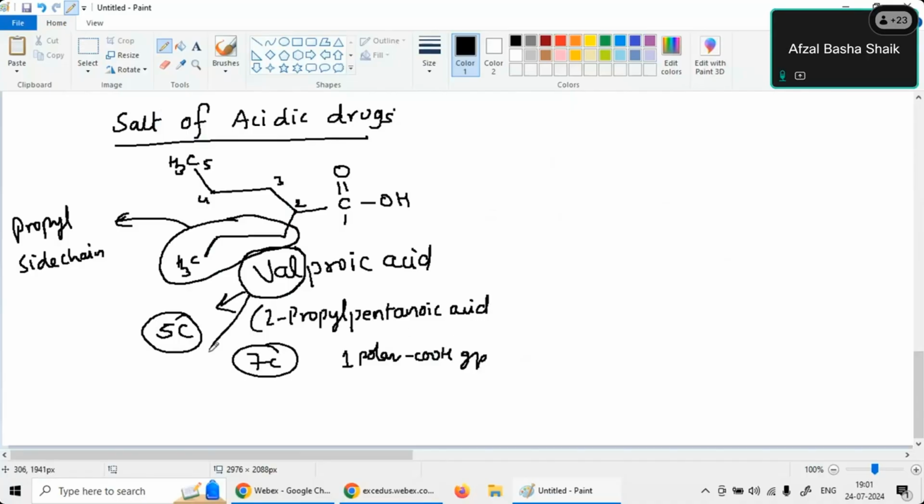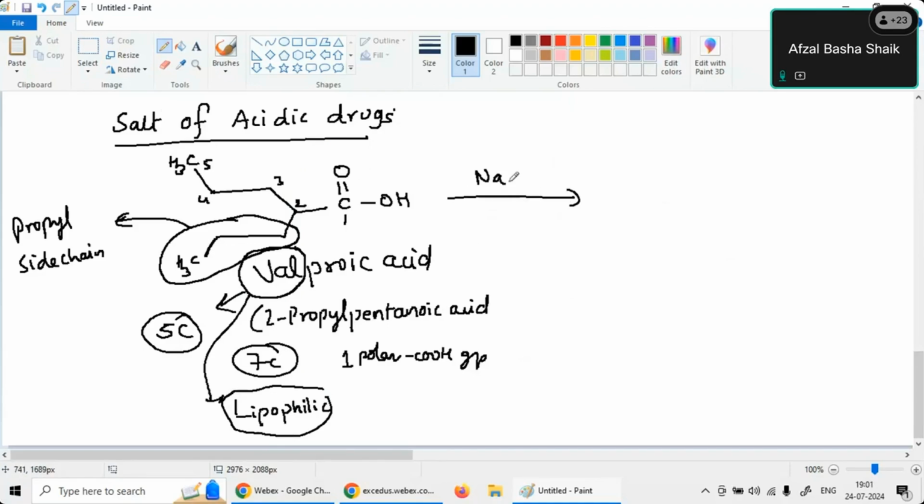That is why valproic acid is lipophilic. If you incorporate 2 hydroxy groups here, then it will have both hydrophilicity and lipophilicity.